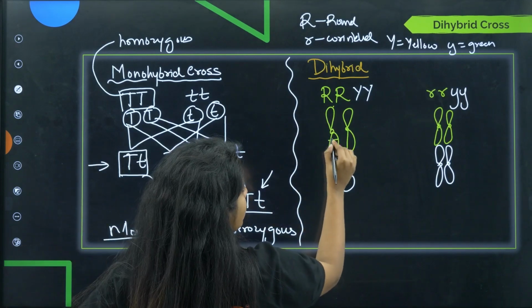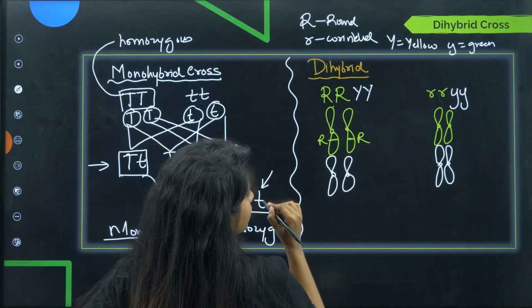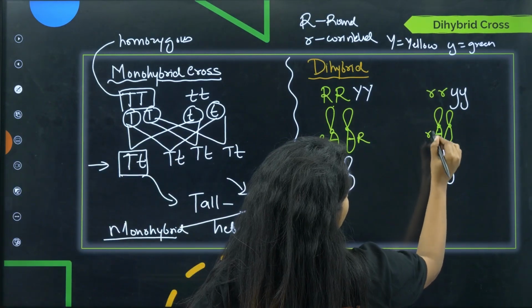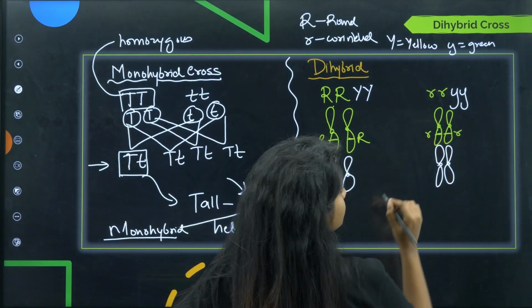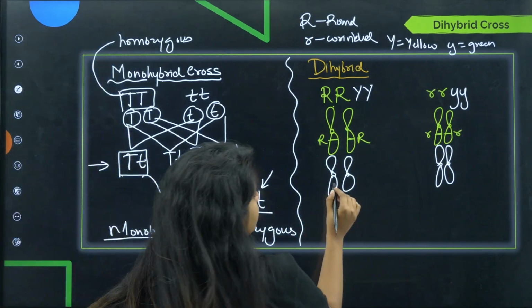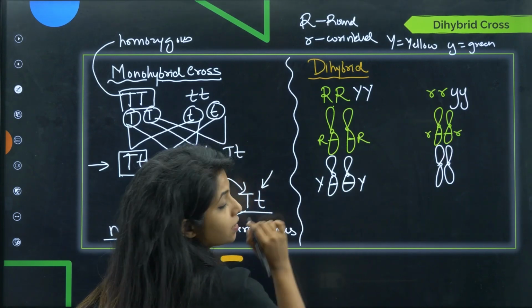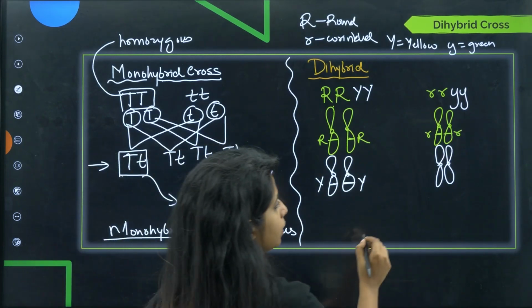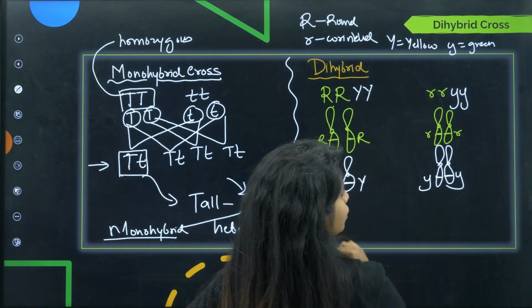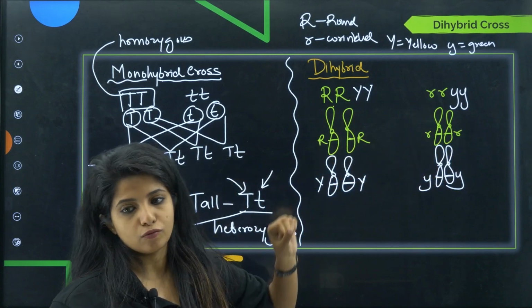So over here one chromosome is having R, other chromosome is also having R. Here one chromosome is having small r, other chromosome is having small r, okay. Now going ahead, over here in this chromosome you have capital Y, you have capital Y, that is the genes for yellow coloration. Over here you have an allele for small y and another allele for small y, okay. This is their parent's chromosome.